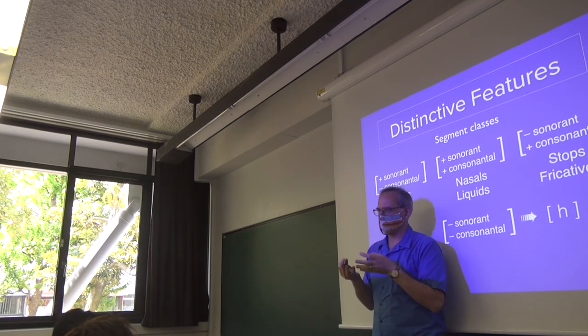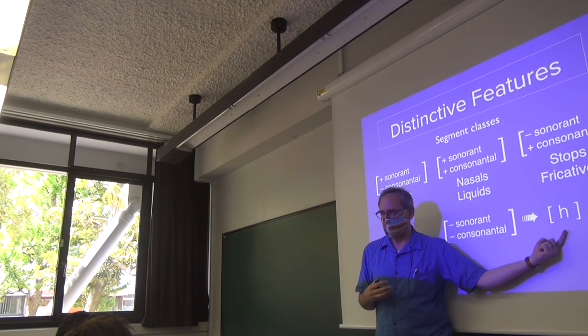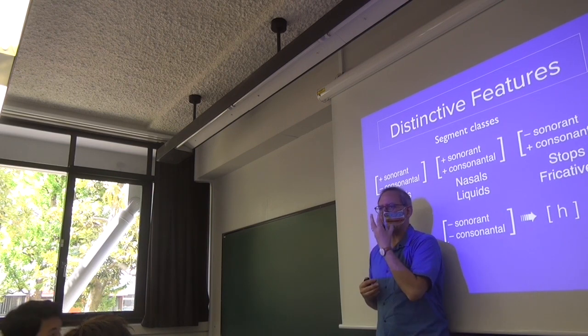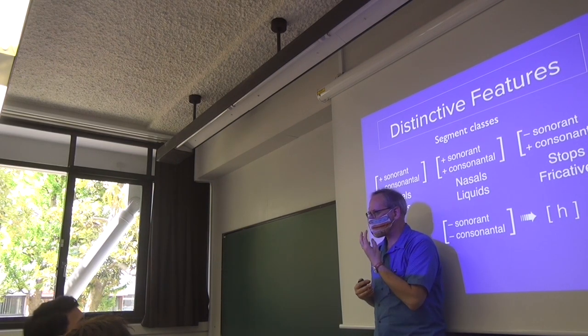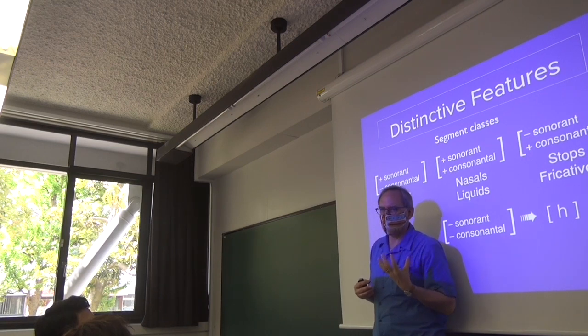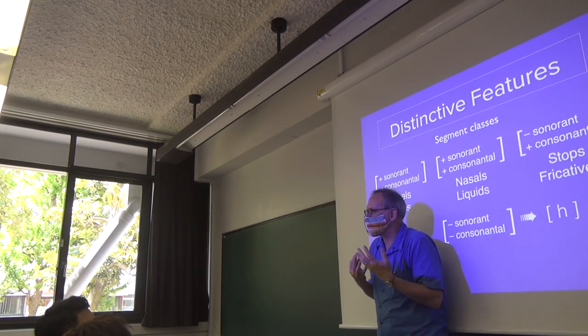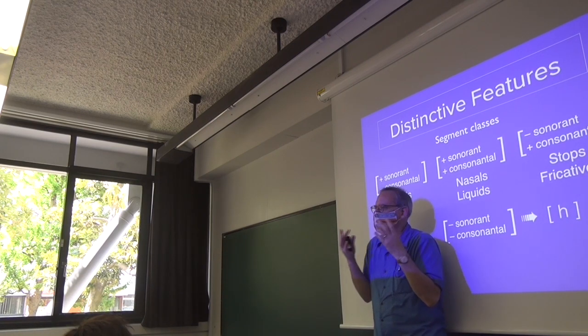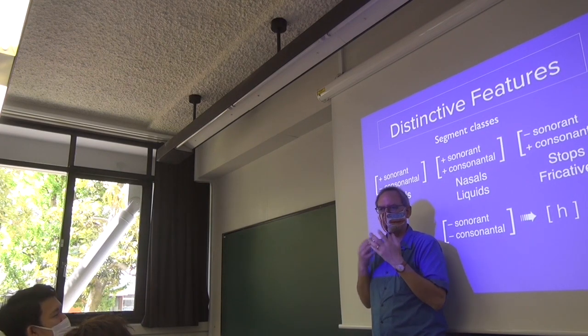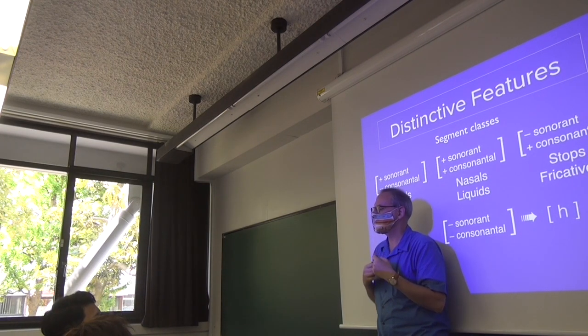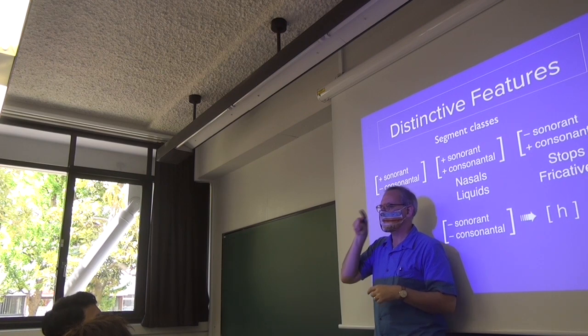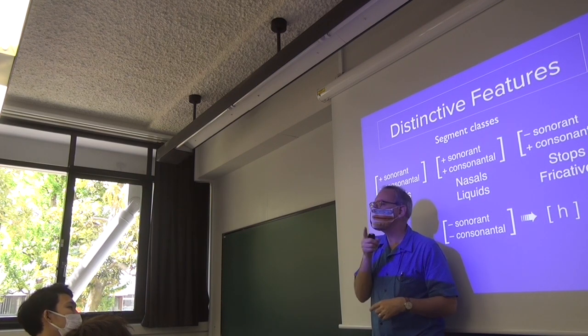When we pronounce words that begin with the sound h, the shape of the mouth is the shape of the following vowel. We're ready for the vowel because nothing in the mouth is going to change the h sound. So, W-H-O, who.